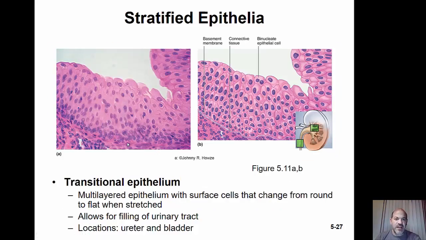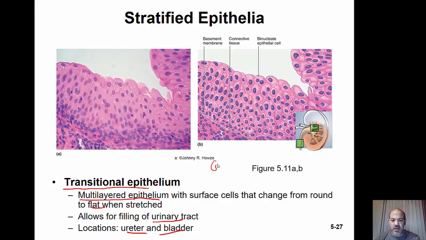And then we have a form of epithelium that looks stratified. It's going to be called transitional epithelium, and here is multi-layered epithelium, so it's stratified, and the cells are able to change from round to flat as the tissue is stretched. So we're going to find this in the urinary tract, like in the ureter and the urinary bladder, where stretching is involved when these structures fill with urine.